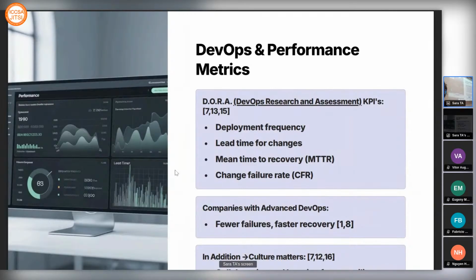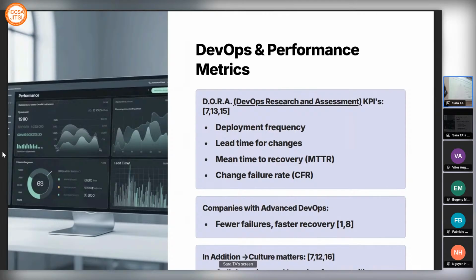We have found that, of course, companies with advanced DevOps operation tend to have fewer failures and faster recovery. In addition, we conclude that culture really matters, as we can read in other research.